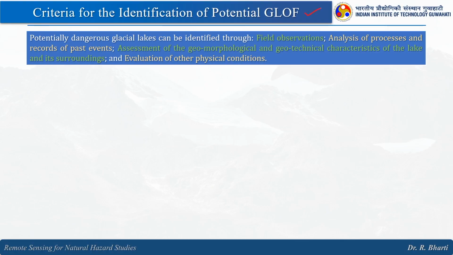So, the criteria for identifying a potential GLOF. Potentially dangerous glacial lakes can be identified through field investigation, analysis of processes and records of past events, for example whether a particular lake has a history of GLOF. Then assessment of the geomorphological and geotechnical characteristics of the lake and its surroundings; here we are basically talking about the moraines.